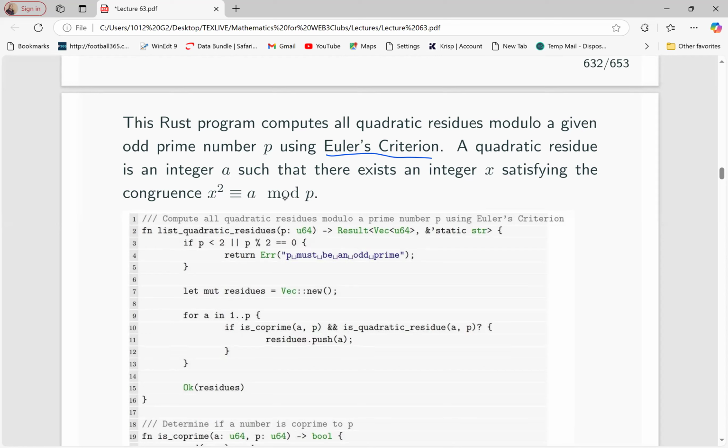So I've begun by saying that if your P is less than 2, then it's supposed to return an error saying that P must be an odd prime.